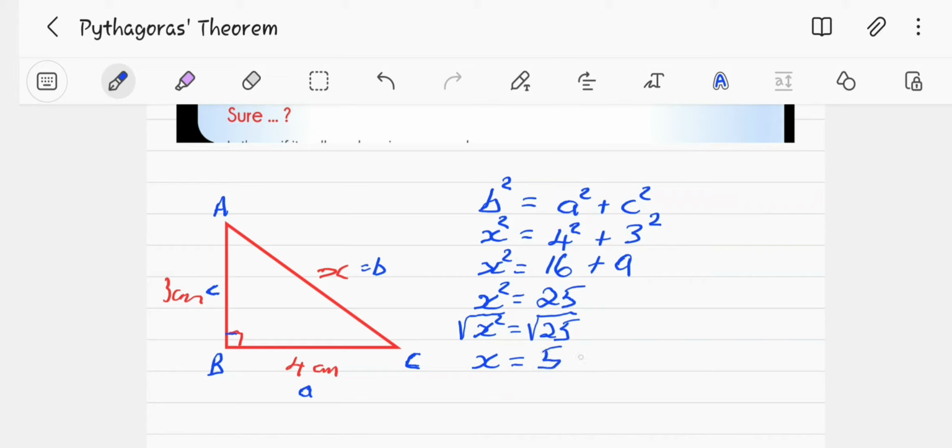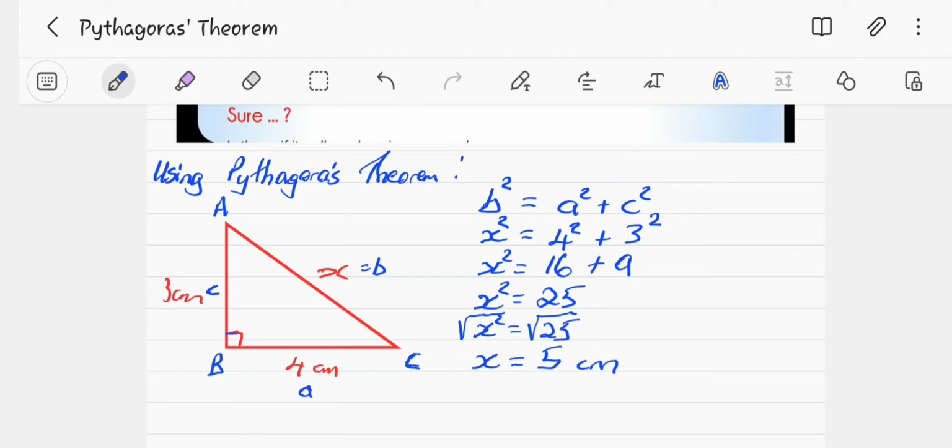We put back our units as centimeters. And there we have it, our answer. Our answer for the hypotenuse in this triangle using Pythagoras' theorem we have found to be 5 centimeters, right? So we used Pythagoras' theorem.